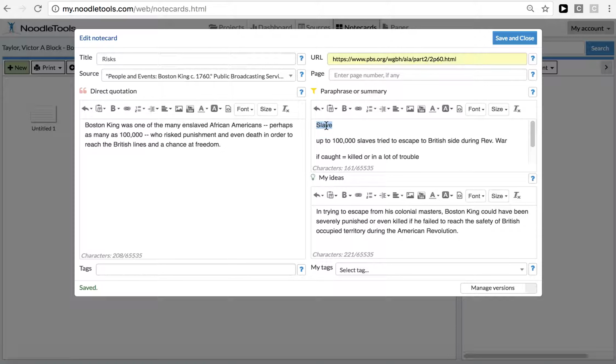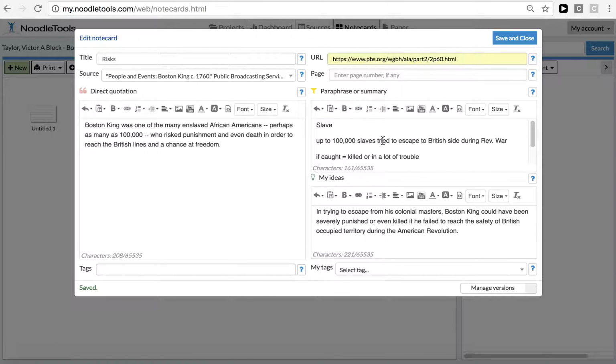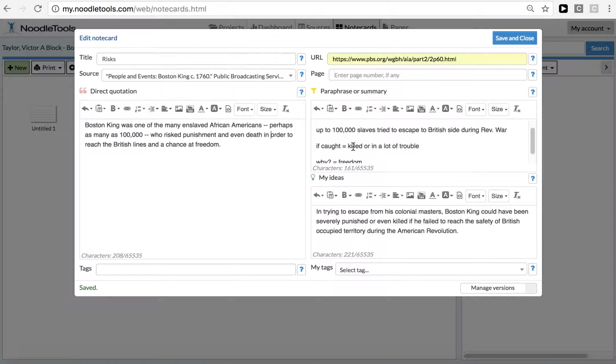The word slave is repeated. And of course, 100,000 is repeated. You can't change facts. British is repeated, proper noun. But most of the other words are not the same. If caught equals killed or in a lot of trouble. They use the word death and punishment.